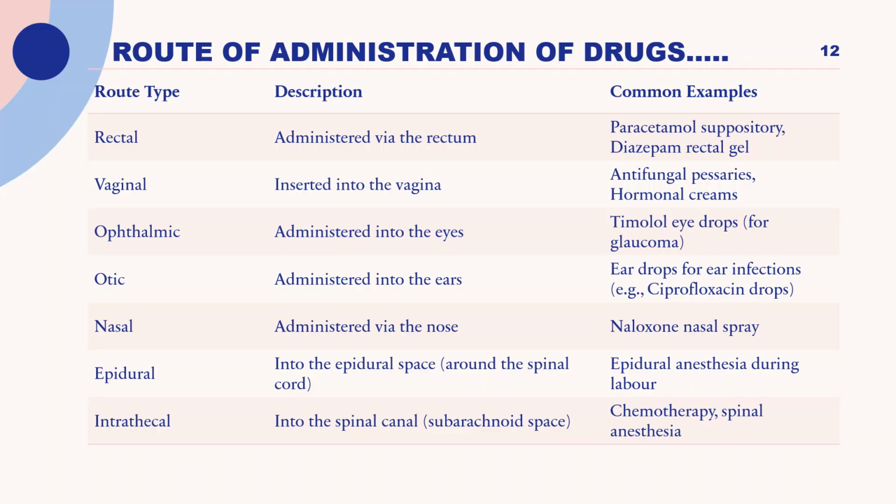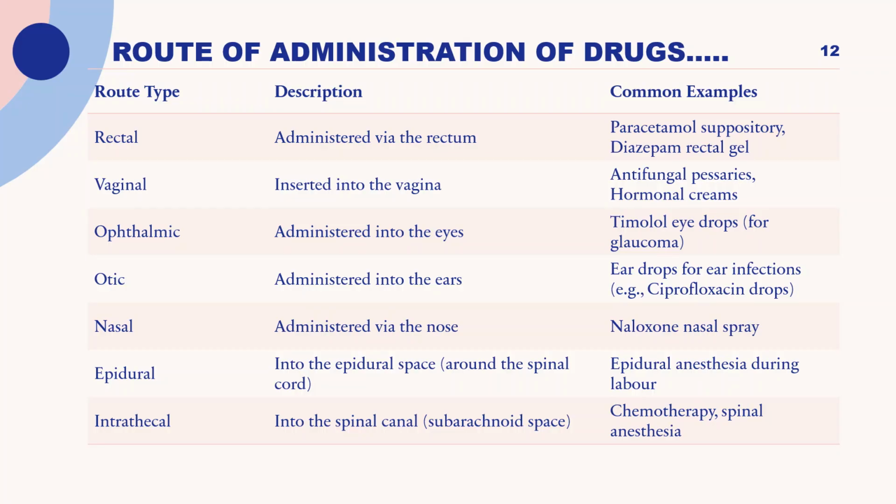Ophthalmic is administered into the eyes, any type of eye drops or eye gels. Otic is administered into the ears, any type of ear drops, commonly used for ear infections or for clearing earwax. Nasal is administered via the nose, and can be any type of nasal spray.